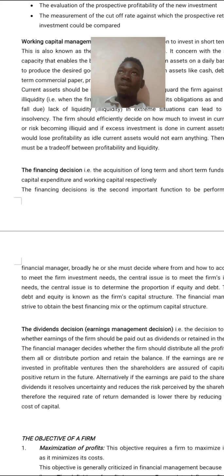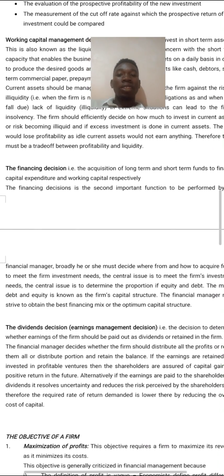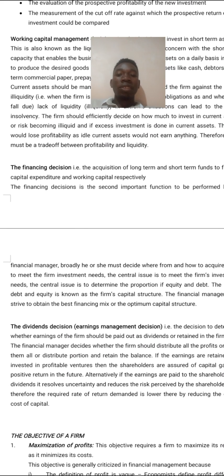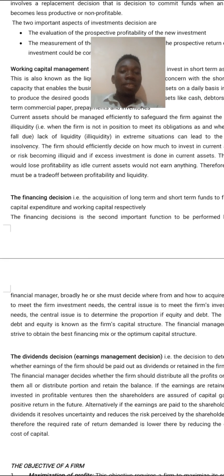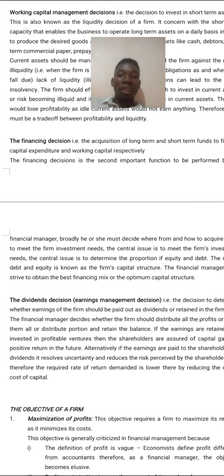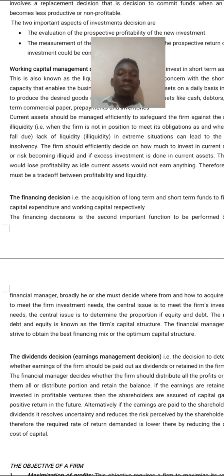But debt capital is that capital you've borrowed. Therefore, as a financing manager, you have to determine the capital structure when you are dealing with the financing decision. For the capital structure, you may decide to say maybe we are using 20% debt and 80% equity, or 80% debt and 20% equity. But that one will automatically show that you are not performing well. But that is the financing decision, it deals with capital structure and how you are going to acquire funds, whether long-term or short-term sources of finance.